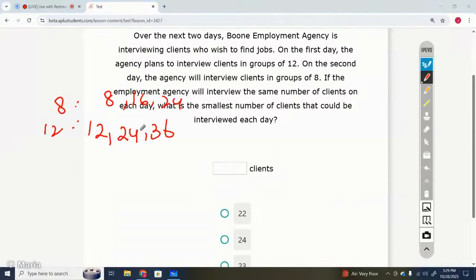Smallest number means you need to calculate the least number. The numbers are 8 and 12. So we need to write down the multiples of 8 and 12.